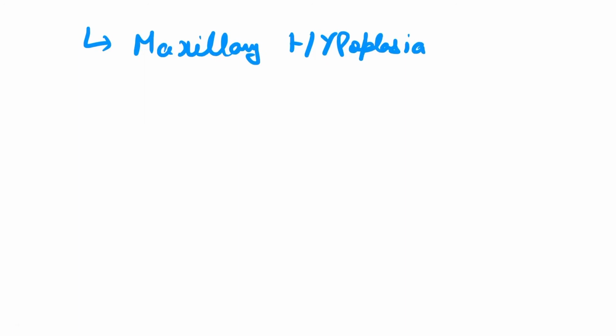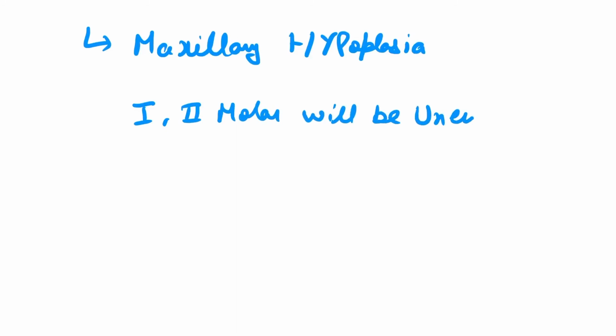And as the maxilla is not developed, the first and second molars will be unerupted. This is also a very important feature. You need to remember that the first and second molars will be unerupted in osteogenesis imperfecta.